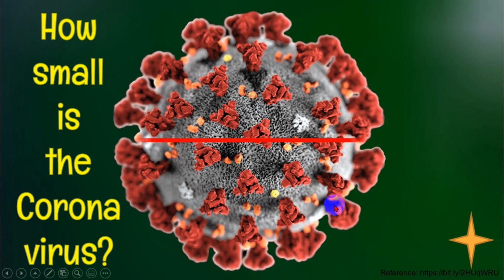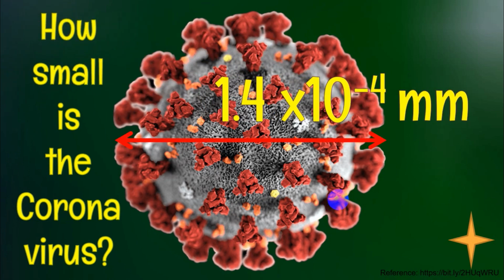Okay, it says here that it is approximately equal to 1.4 times 10 raised to negative 4 millimeter. So, ibig sabihin, sobrang liit lang talaga niya. You barely see it with your eyes. Hindi talaga siya, not barely pa nga kasi you do not see it with your eyes. You cannot see it with your eyes.